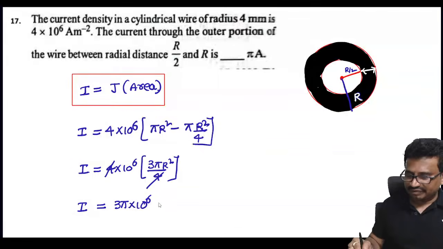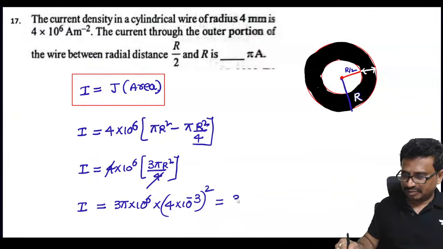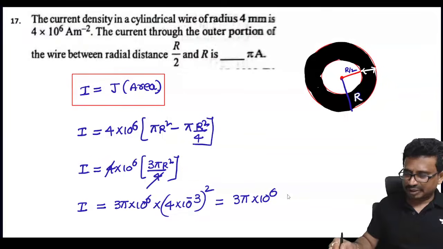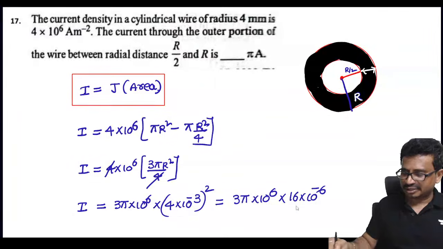R is the radius given, how much is this value? 4 into 10 power minus 3 mm whole square, which will come to be 3 pi into 10 power 6 into 16 into 10 power minus 6.